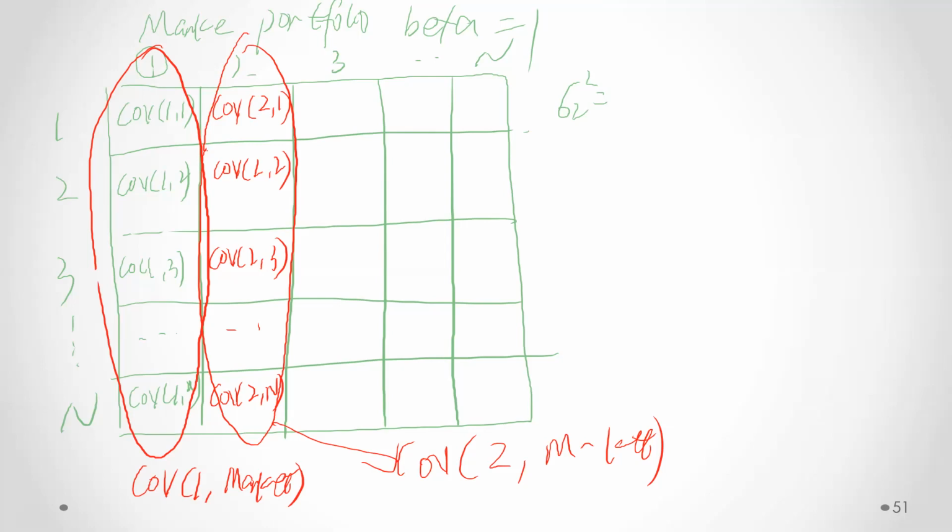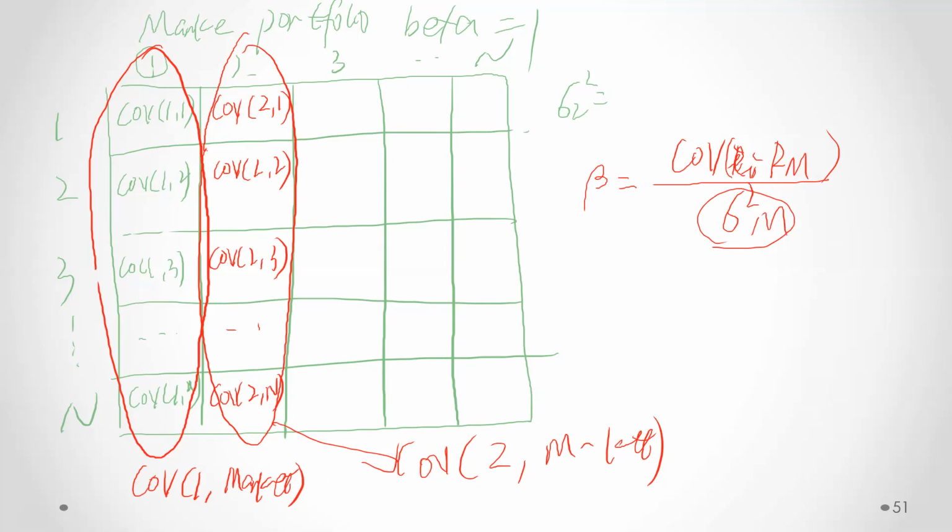And let's recall the calculation of beta: it is the covariance between asset i and the market, divided by the variance of the market. The variance of the market is the sum of all the cells.